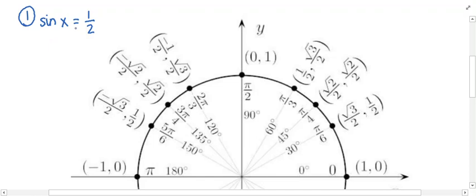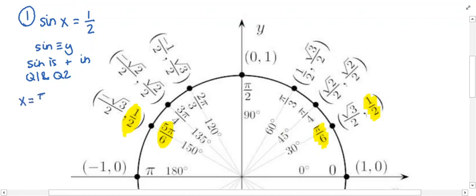The sine value is positive, and we know that the sine value correlates to the y coordinate. Sine is positive in quadrants 1 and 2, so that's where we need to be looking. Which angles in the top half of the unit circle have a y coordinate of 1/2? Well, right here, so it's going to be pi over 6, and right here, so 5 pi over 6. Those are the two angles that we're looking for.